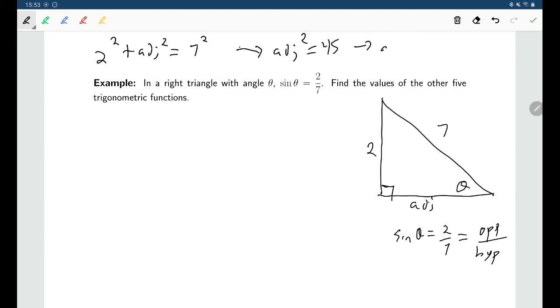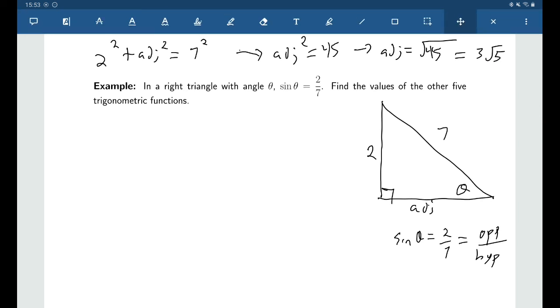So that means that the adjacent side is the root of 45, which in simplest terms is 3 root of 5. Okay, so now we've got everything we need, and so now let's fill in what we have.